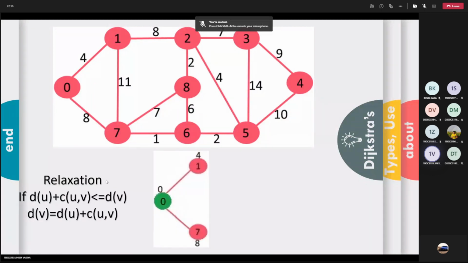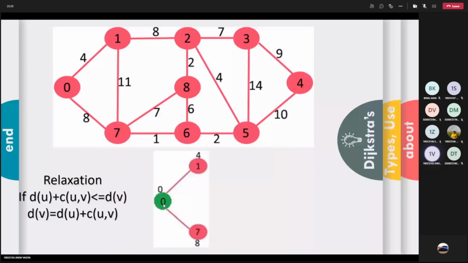Suppose we consider the source node to be 0 and the destination to be 4. At first, we mark the source node as visited, and its distance will be 0. First of all, we assign infinity distance to all the nodes which are not directly connected to it.